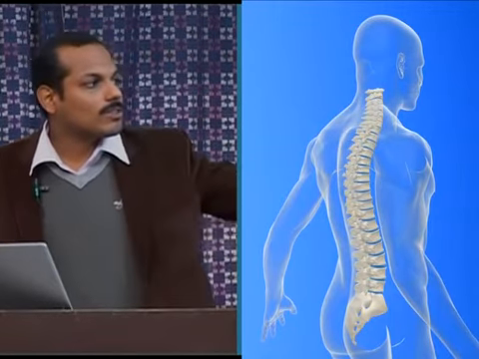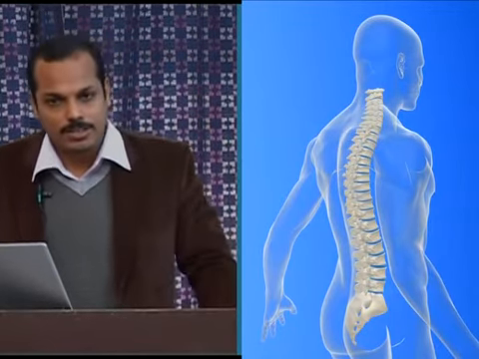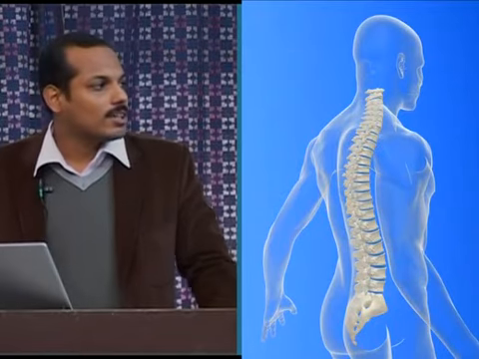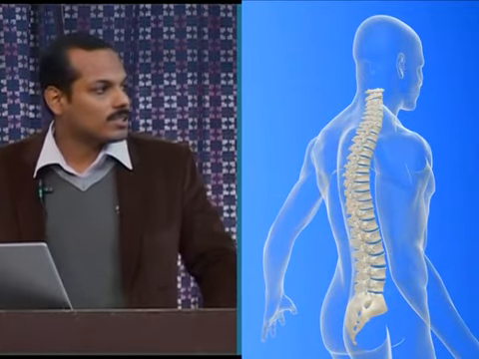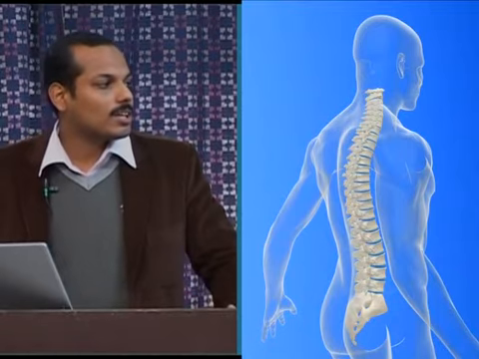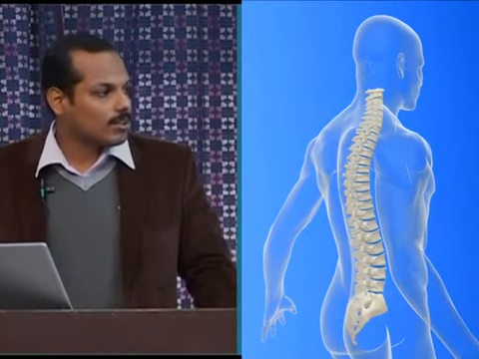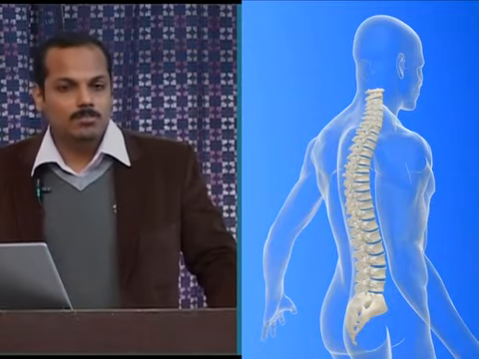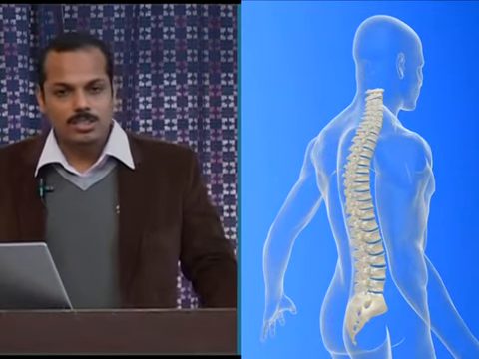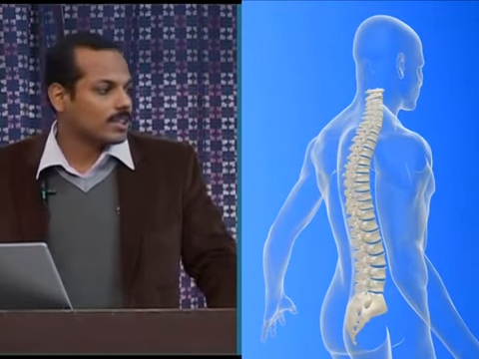So there are lots of curvatures when you see from the sagittal side. In the cervical region there is a concave curvature posteriorly, in the thoracic region a convex posterior curvature, in the lumbar region a concave curvature again, and in the sacral region a convex curvature again.